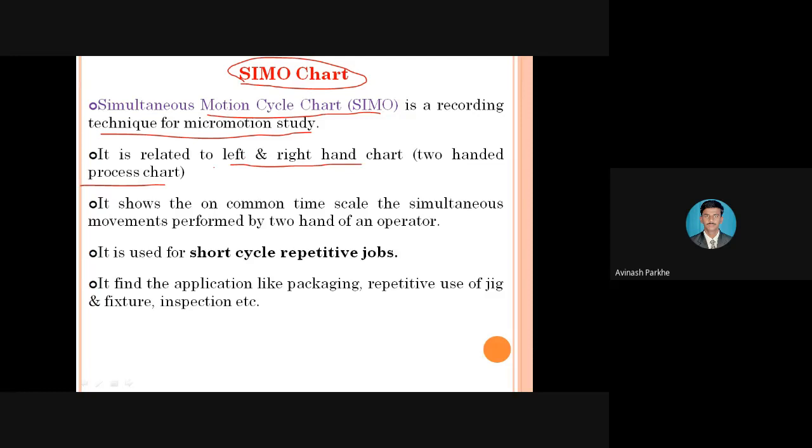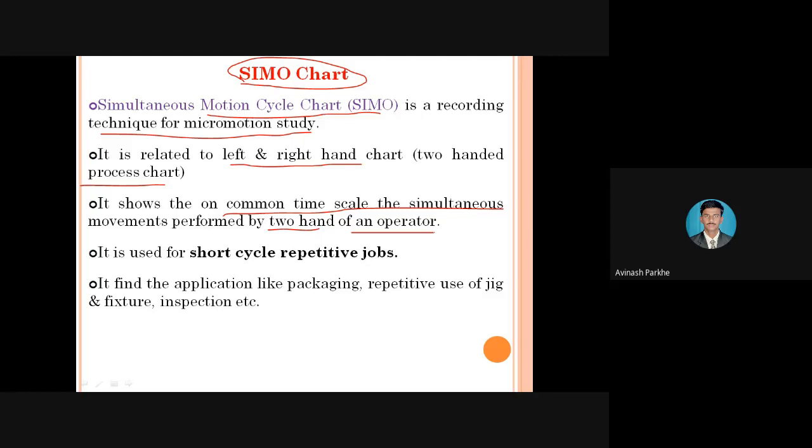That means whatever small movements are taking place by the left hand are recorded, and whatever small movements are taking place by the right hand are also recorded. Also, it shows the common time cycle, the simultaneous movements performed by the two hands of an operator.